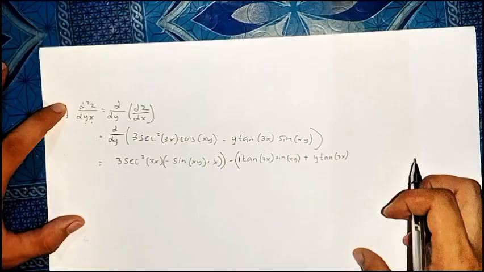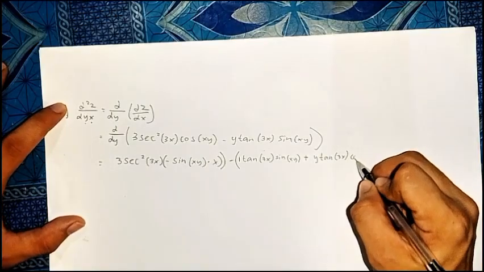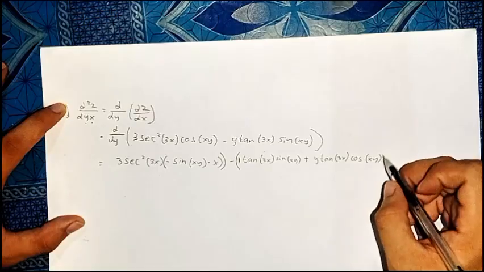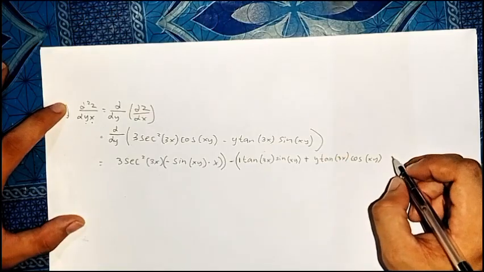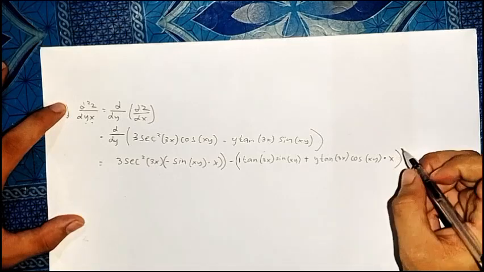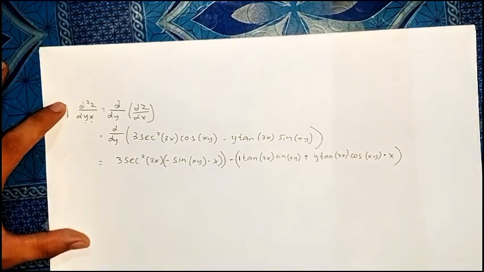The derivative of sine is cosine xy. Next is the derivative of xy with respect to y, so x. Now let's simplify everything.